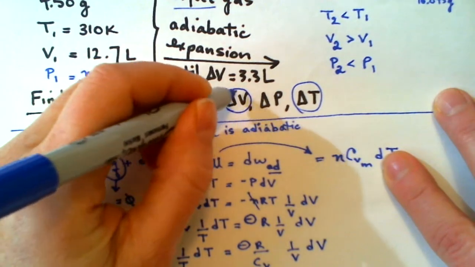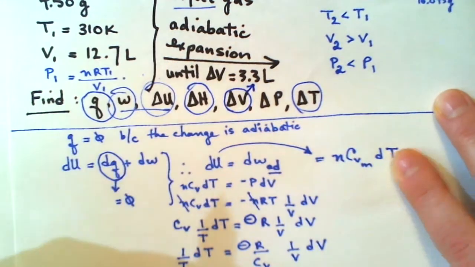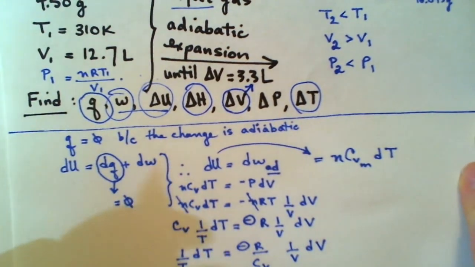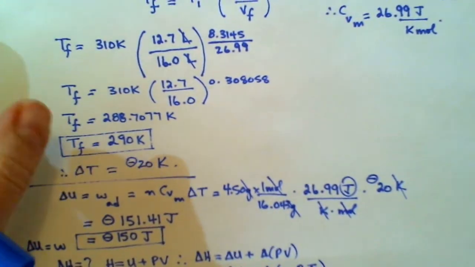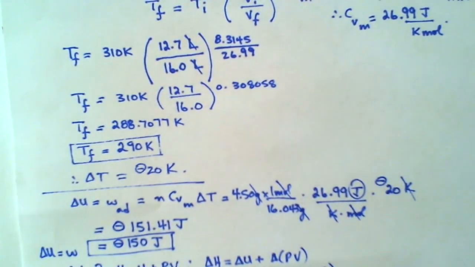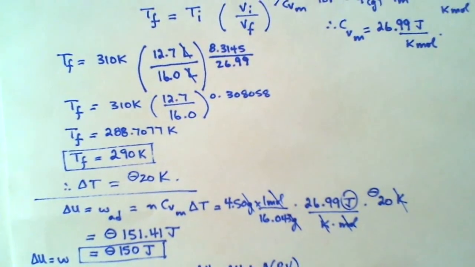Volume, easy peasy. Given. 3.3 liter. And delta P. Delta P. Right. Oh, I've run out of room. Need some more paper. What is delta P? Adiabatic. What do we know about P, adiabatic?